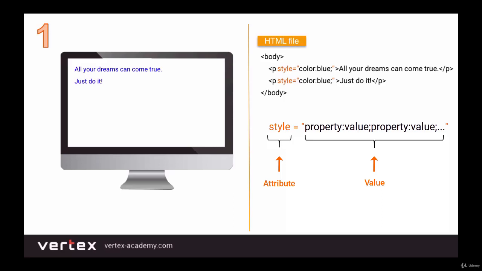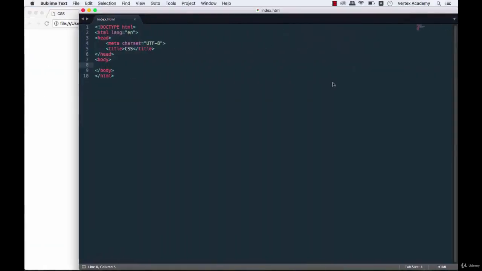Now, let's try to do it in practice. Let's create a p tag in the body with the text "All your dreams can come true." Refresh the page. And we see how it is displayed on the web page.